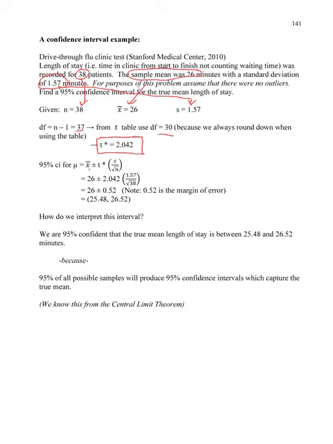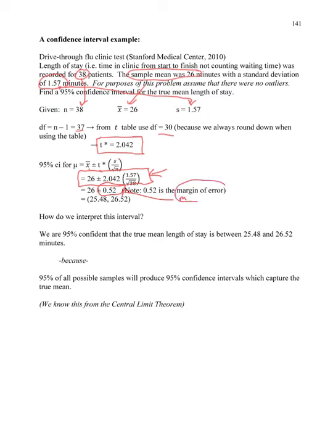We plug in x bar, t star, s over the square root of n, and we just need to put it into our calculator. That's going to give us 26 plus or minus 0.52. This 0.52 is the margin of error.